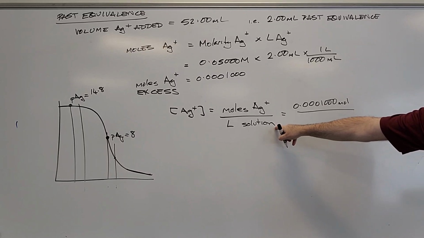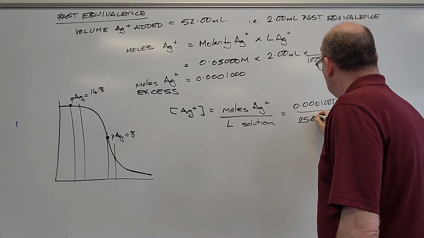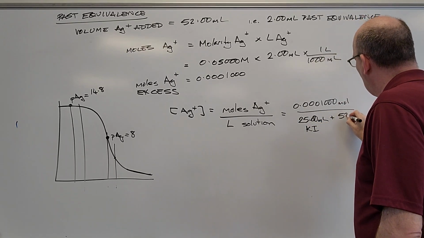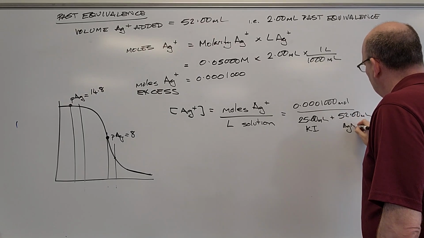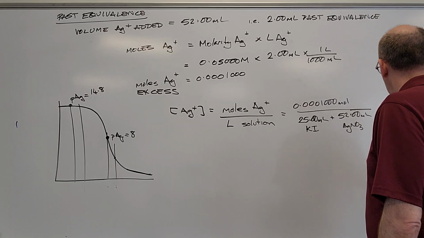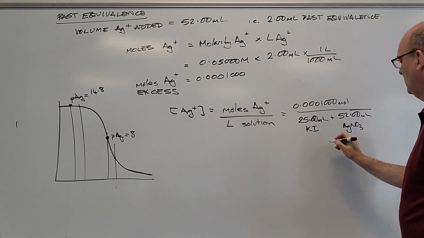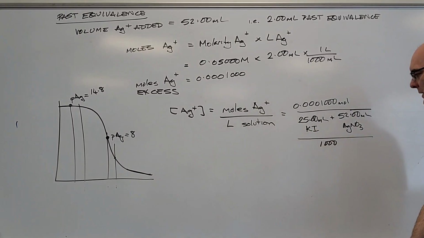How much solution do I have? 52 plus 25. I have my original 25 milliliters from the potassium iodide, plus I now have 52 milliliters from the silver nitrate. Those are in milliliters, so we're going to divide all of those by 1,000 to get them to be in liters.